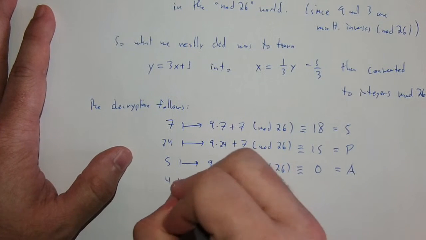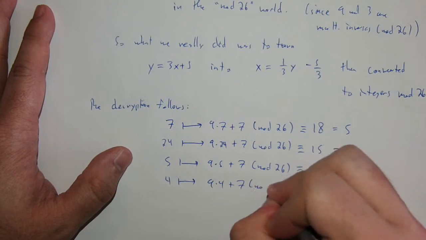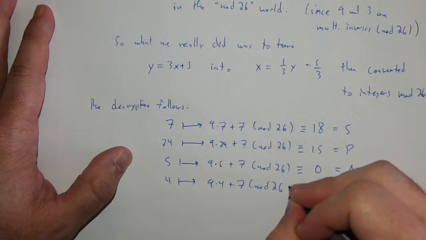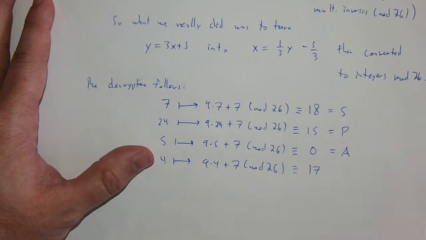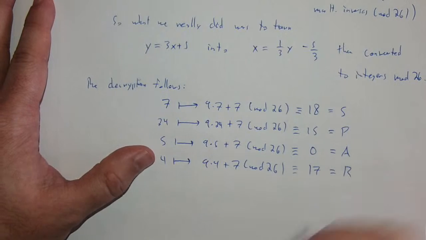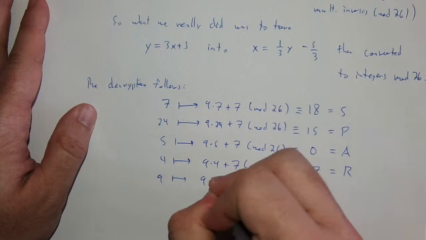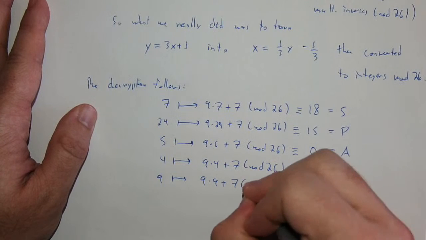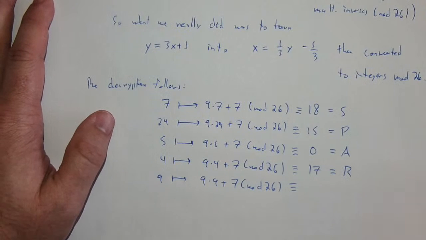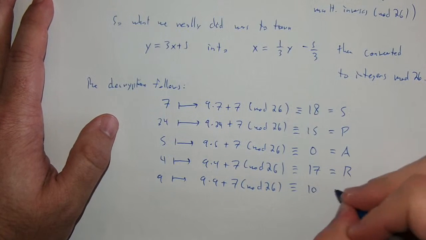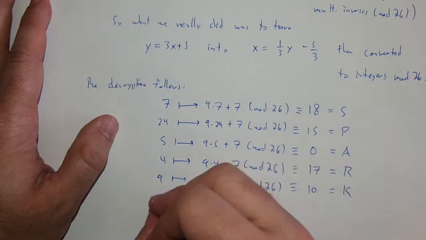4 is mapped to 9 times 4 plus 7 mod 26, which is congruent to 17 mod 26, so that's R. Okay, 9 is mapped to 9 times 9 plus 7 mod 26. So this is congruent to 10, which is the letter K in our correspondence.